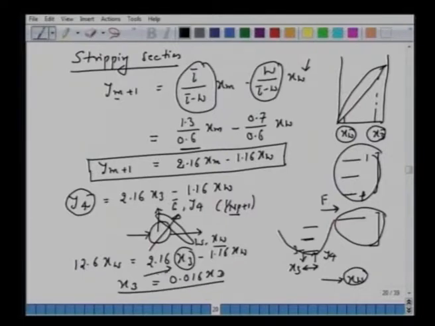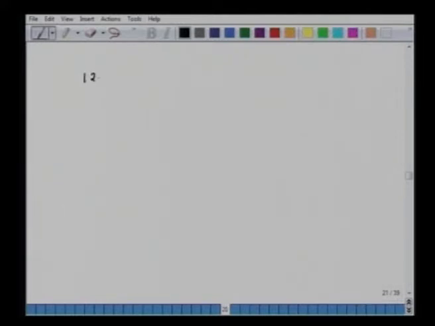We can substitute here to obtain another equation: 12.6 Xw equal to 2.16 multiplied by 0.016 Xt minus 1.16 Xw, where we have substituted the value of X3 in terms of Xt.